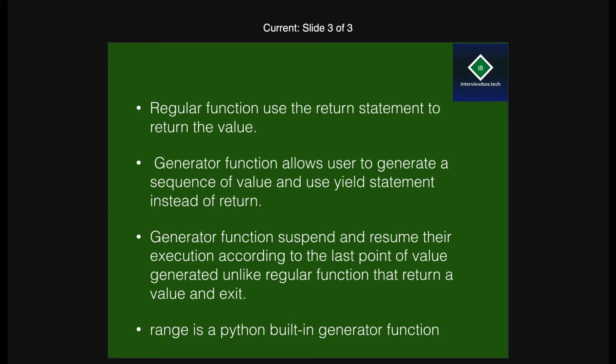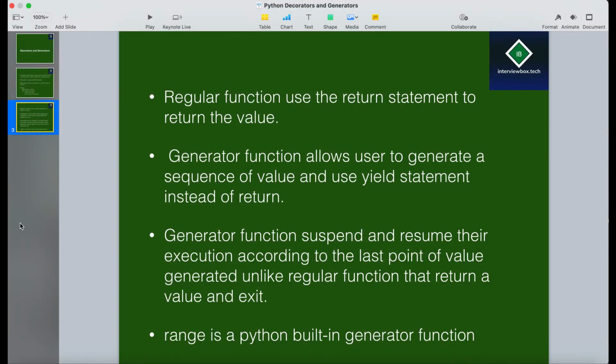It's not like the regular function that gives you the whole output and then exits out. One example is the range function. That's a Python built-in generator function. So now let's go to PyCharm and execute some commands and create our own generator function.